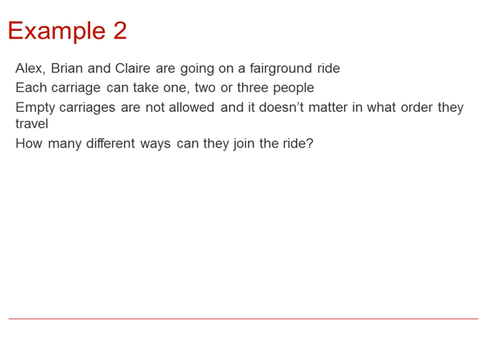Well, we could put them all in one carriage. Or we could put 2 in one carriage and 1 in the next, in which case A could ride with B or with C or separately.